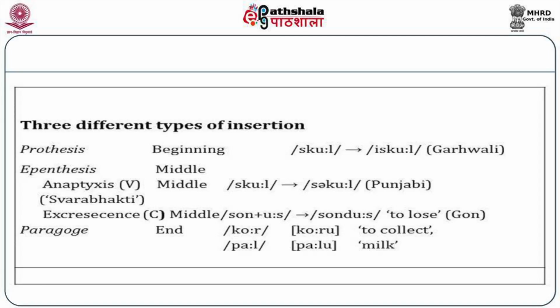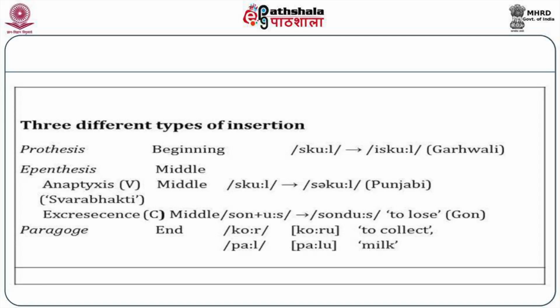The second type of insertion process is called epenthesis. Epenthesis is of two types: one which involves epenthesis of a vowel, and the other which involves epenthesis of a consonant. The epenthesis of a vowel is called anaptyxis, and the epenthesis of a consonant is called excrescence. Examples are given on the screen. For example, the Punjabi pronunciation of the word school is sakul.